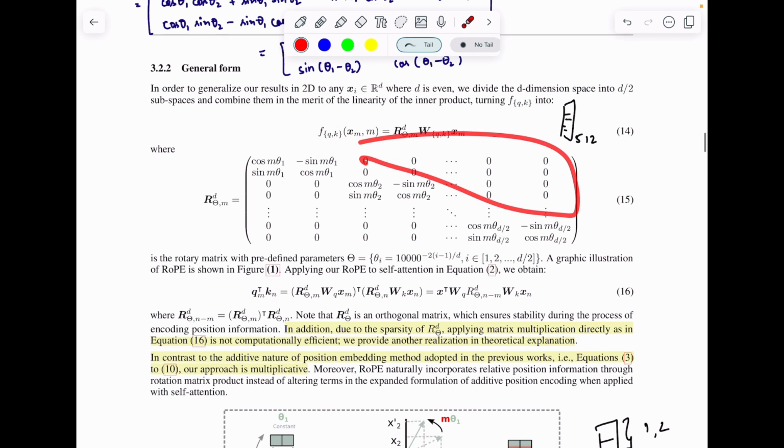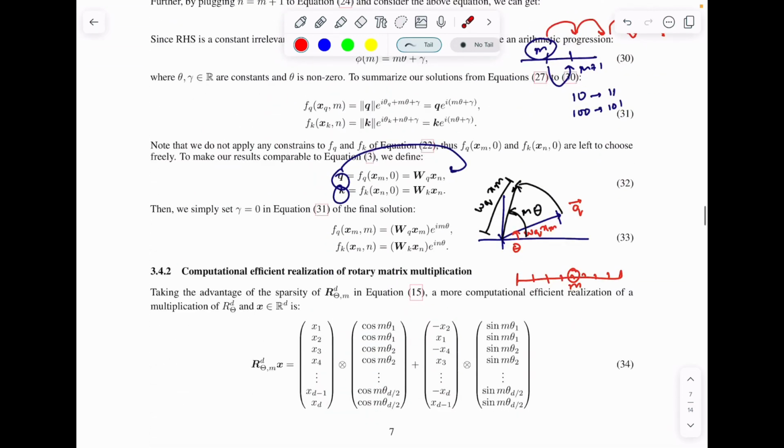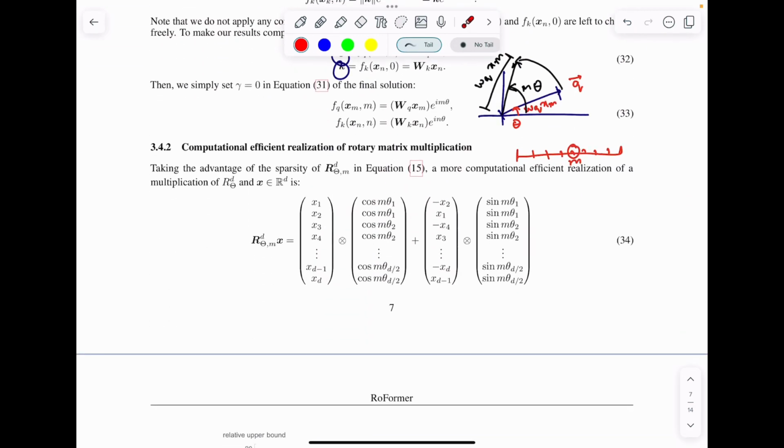So they show a very clean implementation of that, where they simply say that you can represent this particular rotation matrix in the form of these two point-wise multiplications, Hadamard products, and a simple addition. This is very straightforward, and when you multiply them together, it leads to the same equation that we formulated.